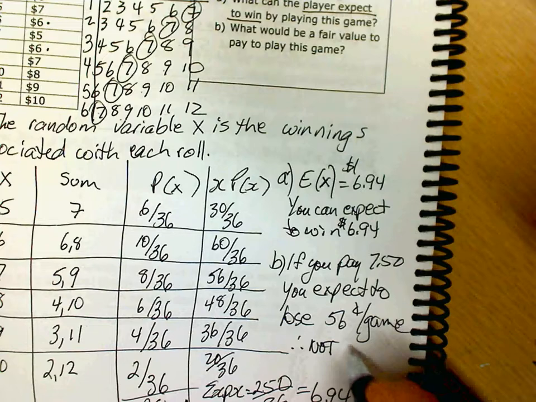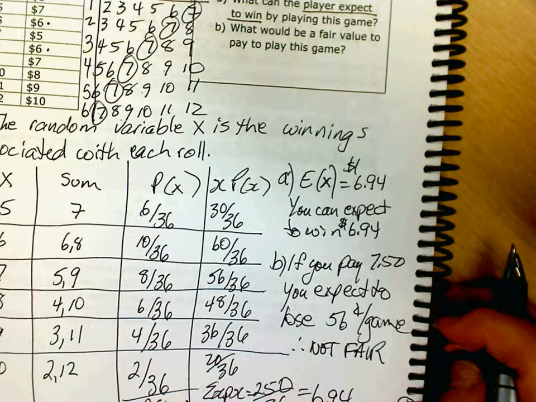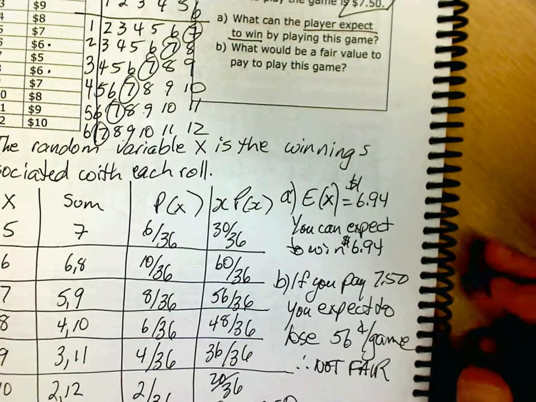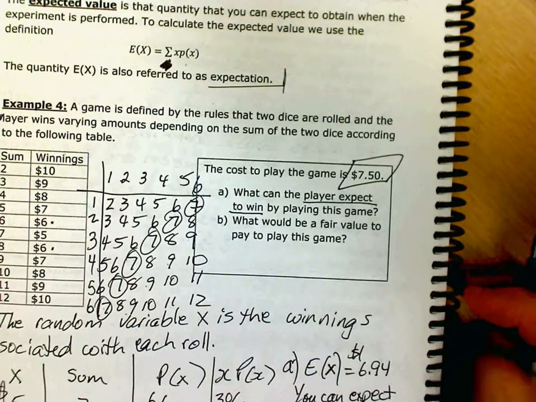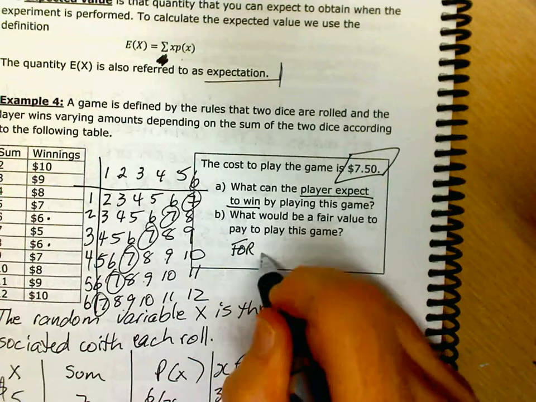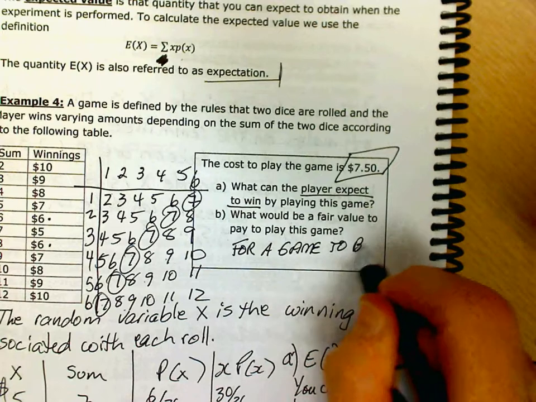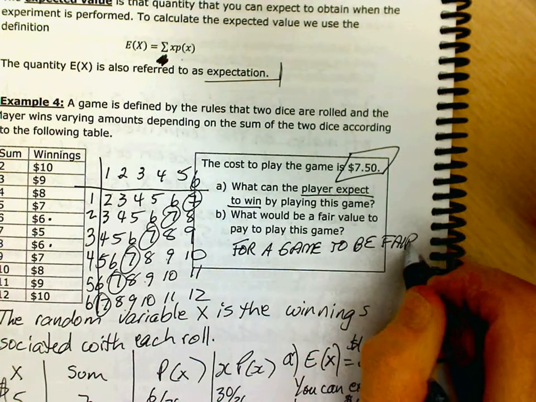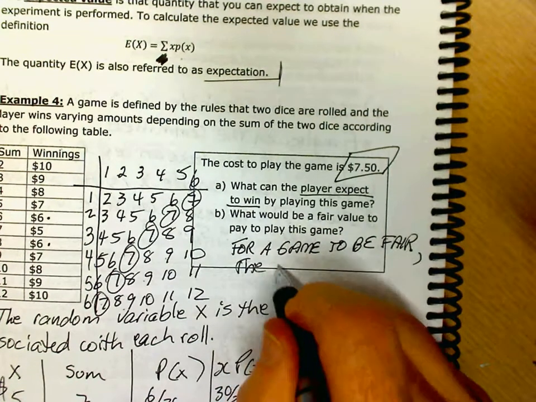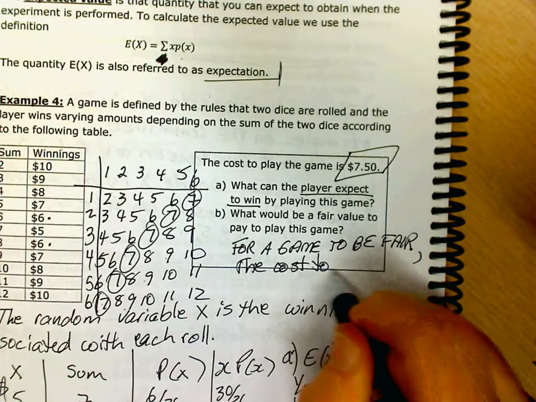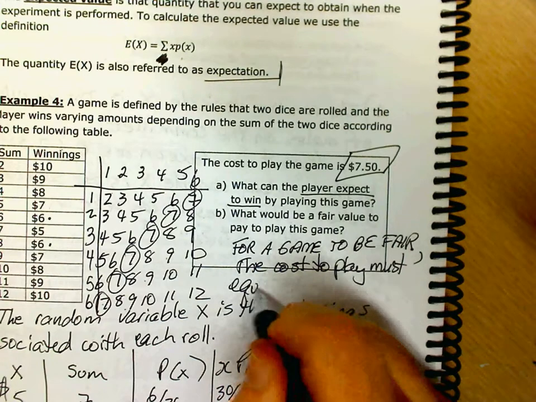It has to be fair to both the player and the organizer of the game. So, for a game to be fair, the cost to play must equal the expected win.